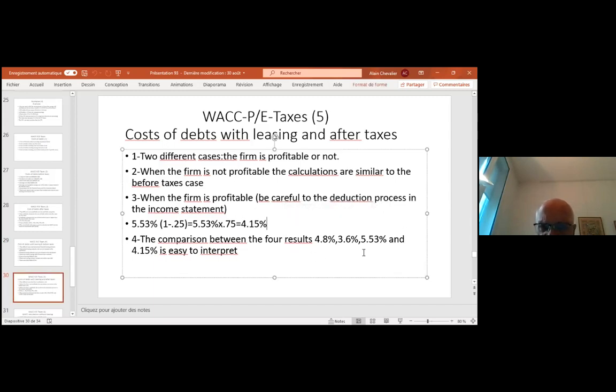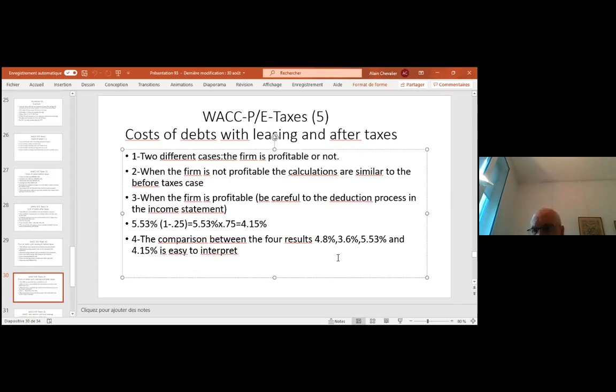So we got, in fact, 4 different data, 4.8, 3.6, 5.53, and 4.15, which are all easy to interpret. The first one, 4.8, is before leasing and taxes. The second one, 3.6, is before leasing and after taxes. 5.53 is after leasing but before taxes, and 4.15 is after leasing and after taxes.